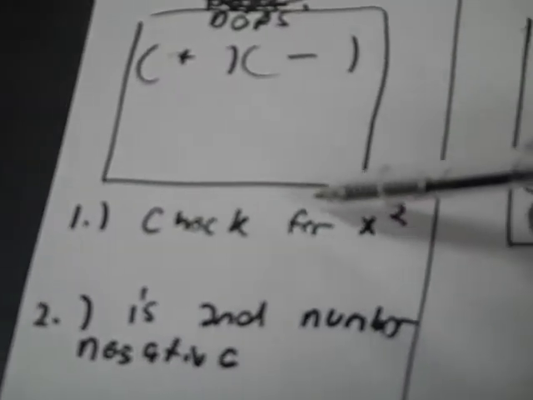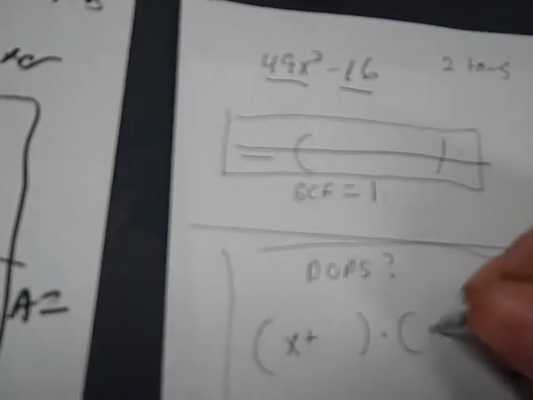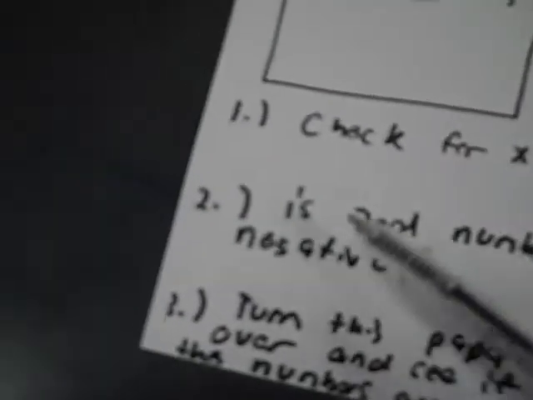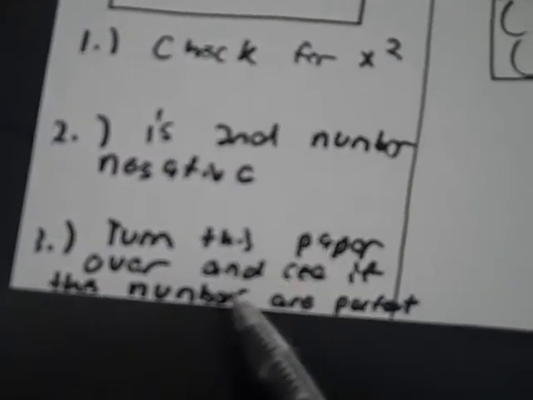Don't cross it off. Okay, now DOPS, check for the x to the second, and it's there. Okay, so I put x's in front of them. Now, is our second number negative? 16 is negative, so I keep going. Now, turn this paper over and see if the numbers are perfect. Okay.